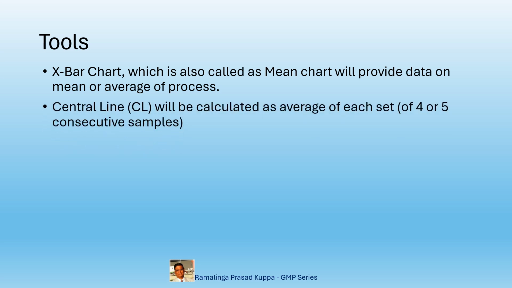Central line CL will be calculated as the average of each set of 4 or 5 consecutive samples. Central line is necessary to evaluate how the average of the sample set moves around the mean. This is the purpose of the central line CL.